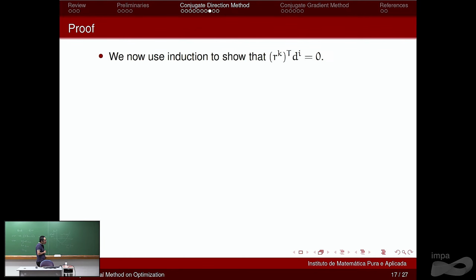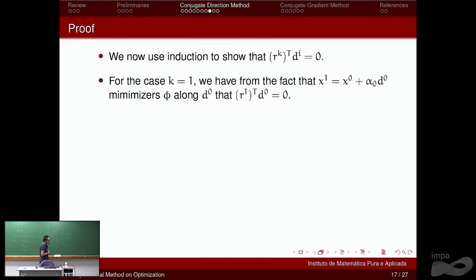Okay. So now we use induction to show that the residual of xk, rk transpose di, equals 0 for all i from 0 to k minus 1. The idea is that we first consider k equals 1. We have xk equals x0 plus alpha d0.